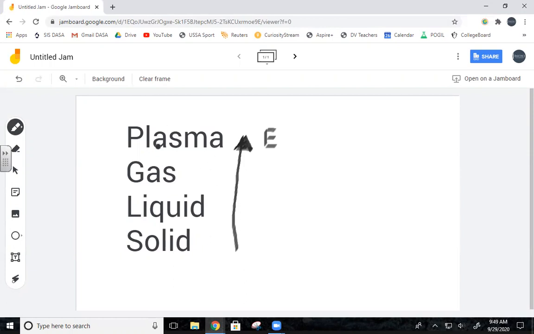So we all know, we interact with gases and liquids and solids all the time, right? Gases we don't really think about a lot. Solids we think about a lot with just stuff that we touch and feel, books and desks and the floor and so forth.